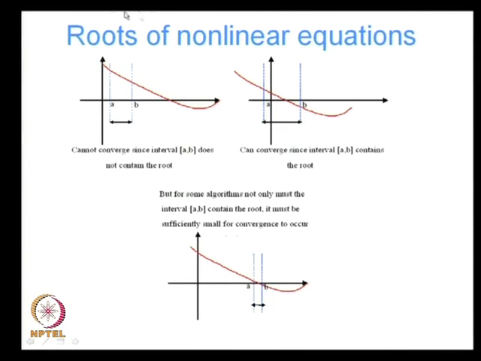So, for instance, suppose I have a nonlinear function like this and I want to find the root of this function, meaning I want to find the value of the abscissa for which my ordinate becomes 0. So, I want to find x such that f of x becomes equal to 0. But if I restrict my iteration interval to between a and b, where a and b do not bound the root, I have no chance of finding the root.